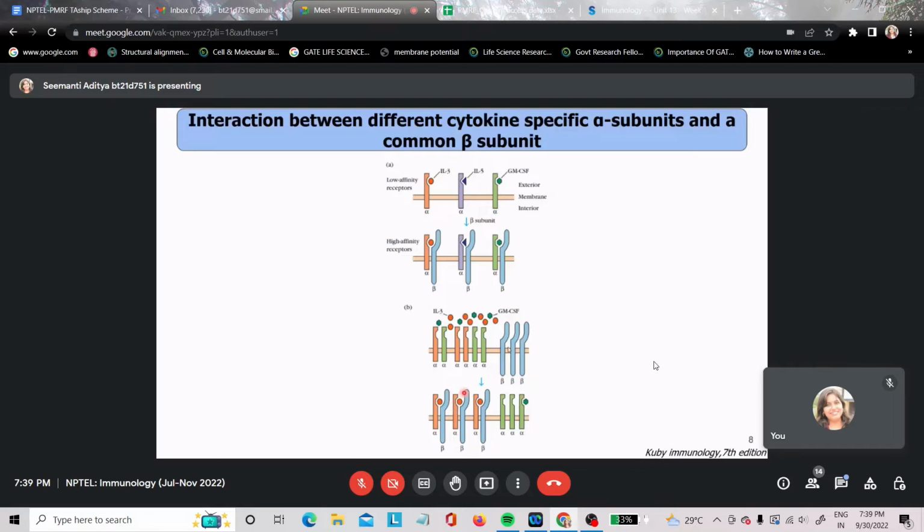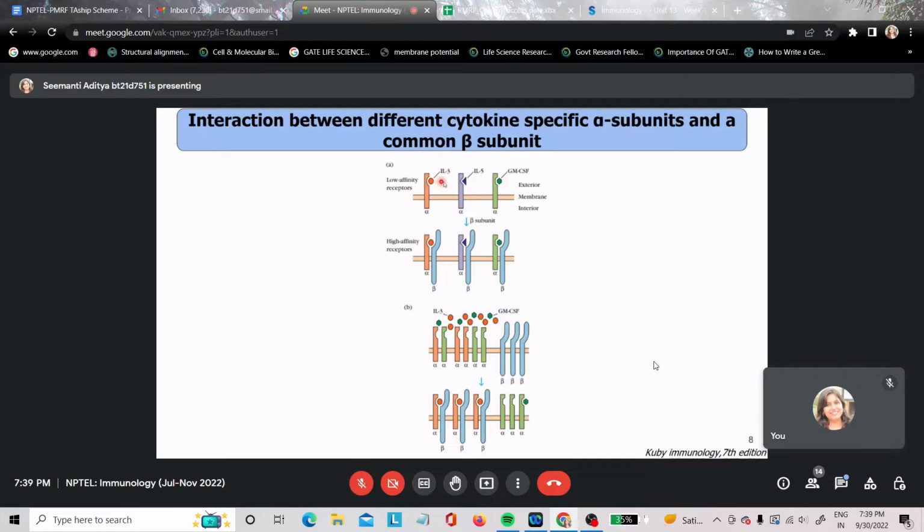So how does this particular interaction help in carrying out the signaling? Here is an example of molecules which act on different alpha subunits but have a common beta subunit.